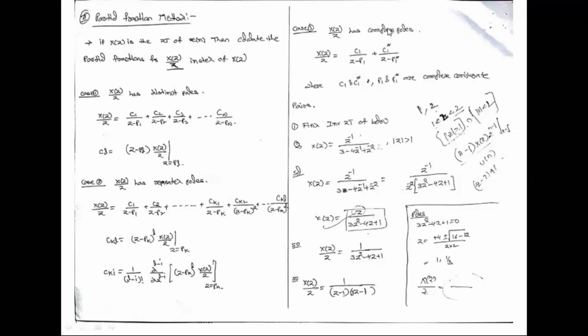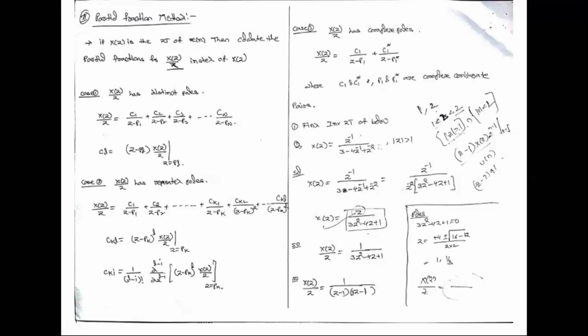If in this function we have any complex poles, that also you can write as a complex conjugate: c1 by z minus p1 plus c1 conjugate by z minus p1 conjugate. Find the poles and conjugate poles, you can substitute and find the equation in terms of the standard equations.